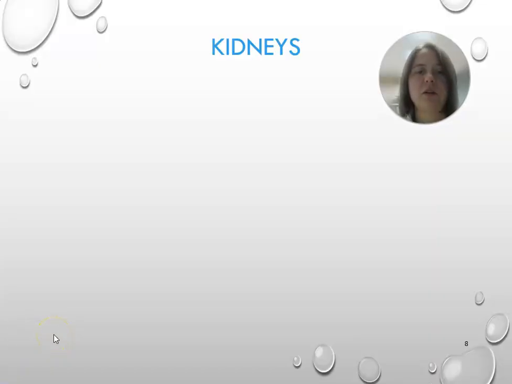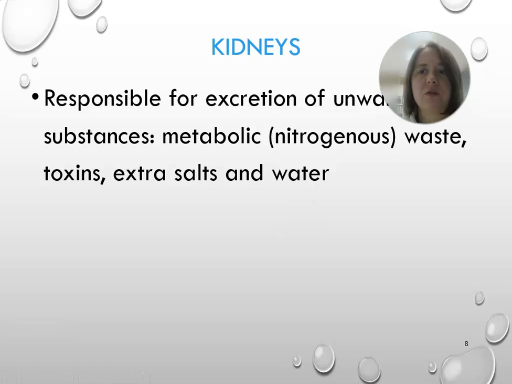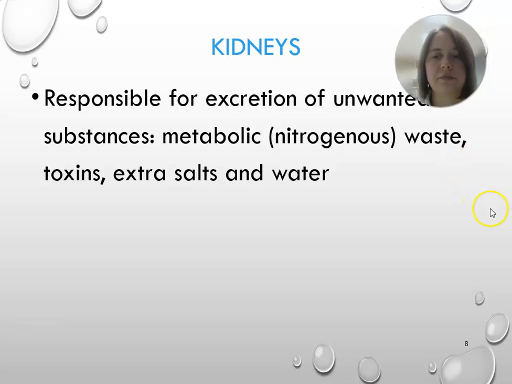All right, what else should we know about the kidneys? Well, we should know that they are responsible for the excretion of unwanted substances, which are metabolic waste or nitrogenous waste, toxins, extra salts, and water. So they are responsible for the excretion of toxins, any extra salt, any extra water, and then your nitrogenous waste.